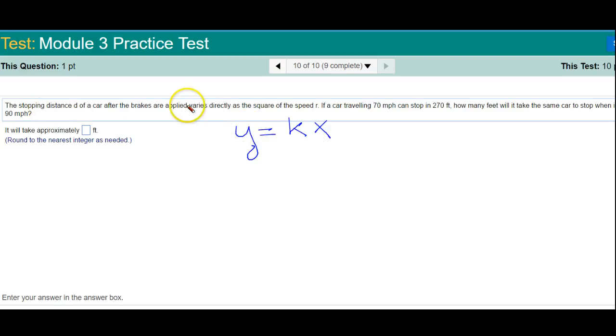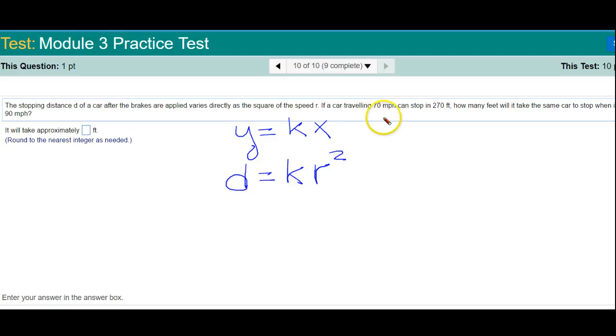So we're just going to convert this now. So the distance would be d. We need the k. And it varies directly to the square of the speed, which is going to be r. And the square of that we would write like so.